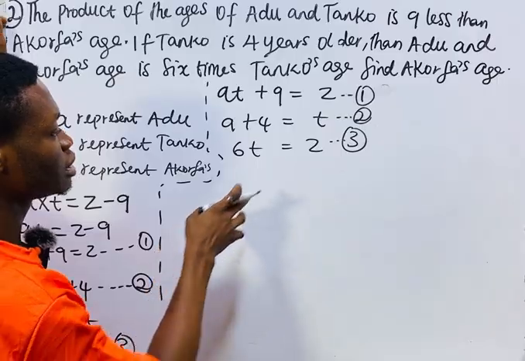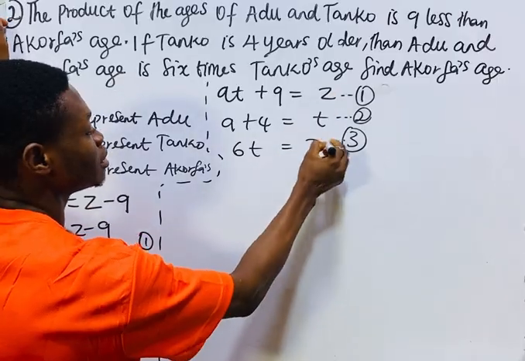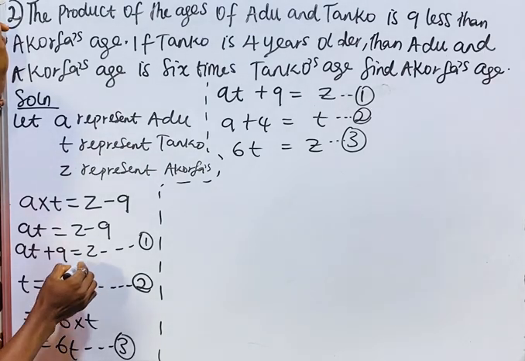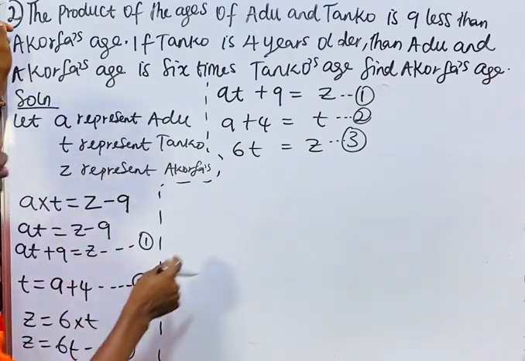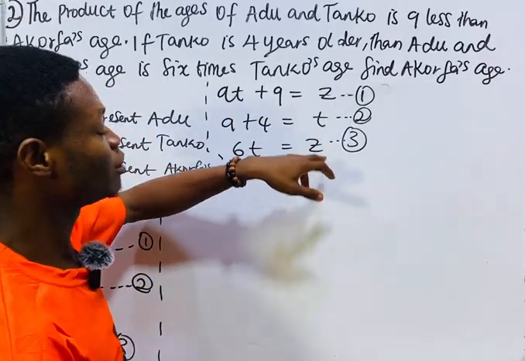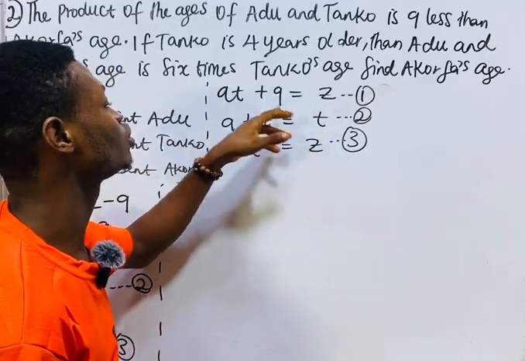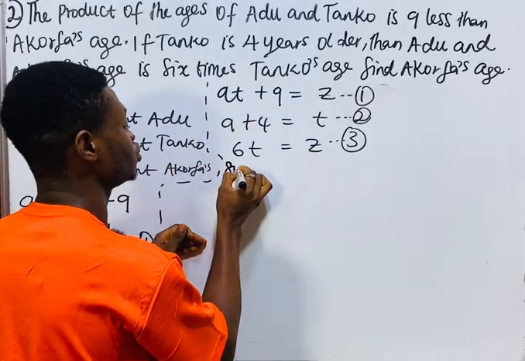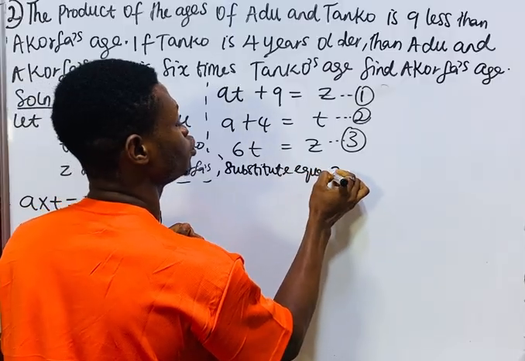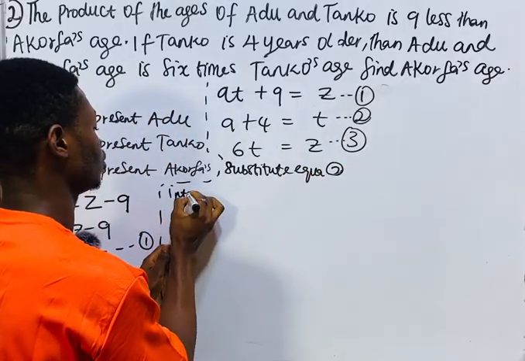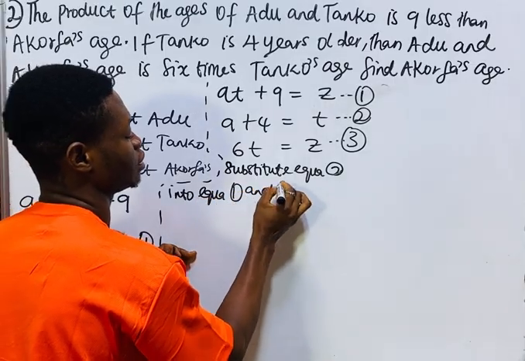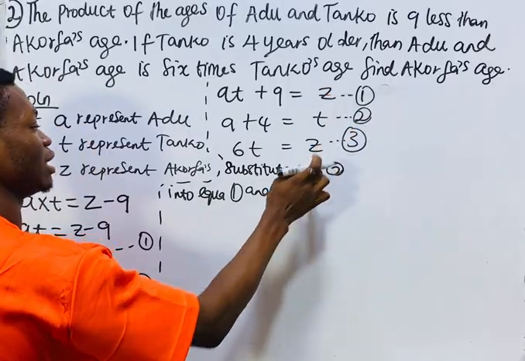Since we are having Z here and Z here, we can just substitute equation 2 into equation 1 and 3.